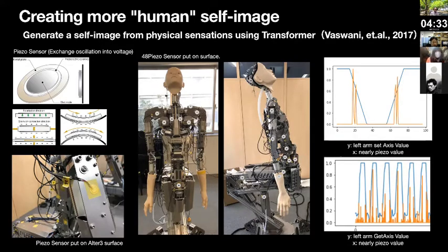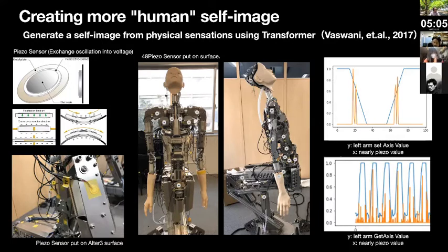Sensors 1 to 16 are on the right side of the body, 17 to 32 on the left side, and 33 to 48 around the waist and legs.